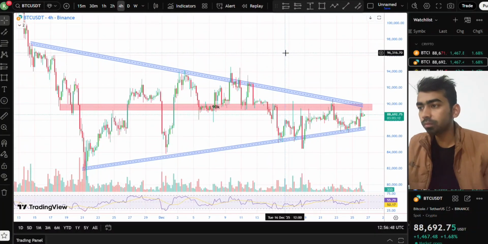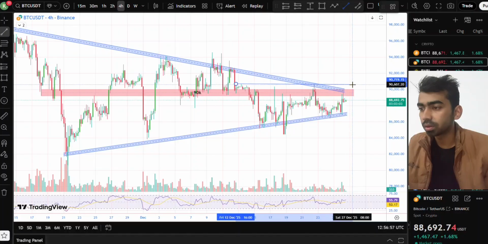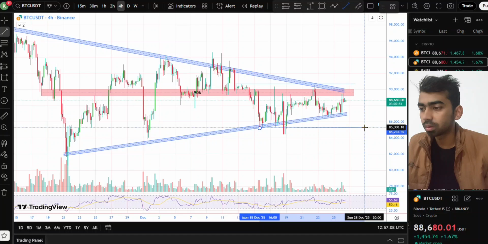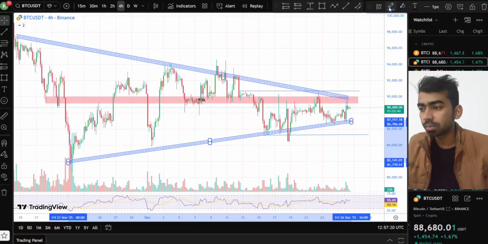Okay, so you need to find one thing, which is liquidity, upside and downside liquidity. This one is probably the close upside liquidity, this trend line, and this one is the close downside liquidity. Means current price is now 88,600, and this is the nearest downside liquidity and this is the nearest upside liquidity.